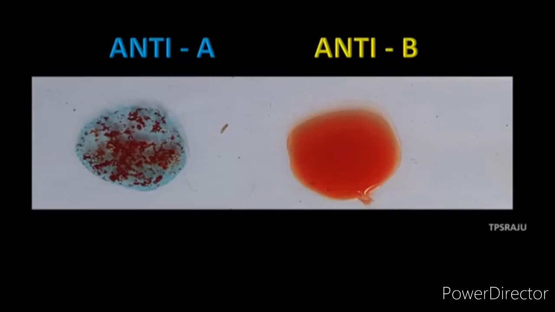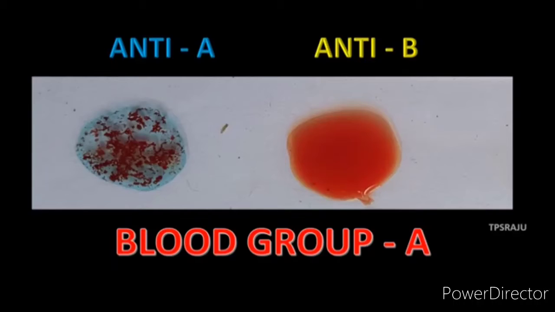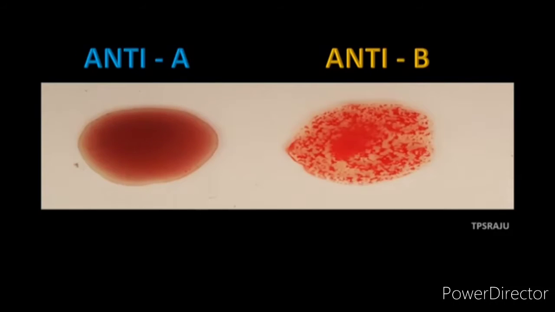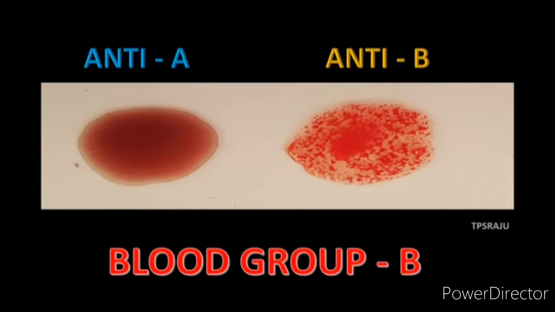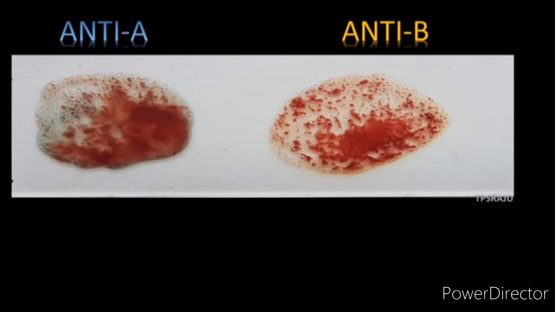So, we have to take 2 drops, anti-A and anti-B. If anti-A gets agglutinated, then it is recognized to be blood group A. If it agglutinates anti-B, then it is recognized as blood group B. If the blood sample agglutinates both A and B, then the blood group is recognized to be blood group AB.